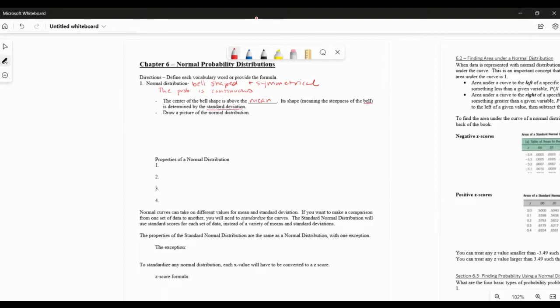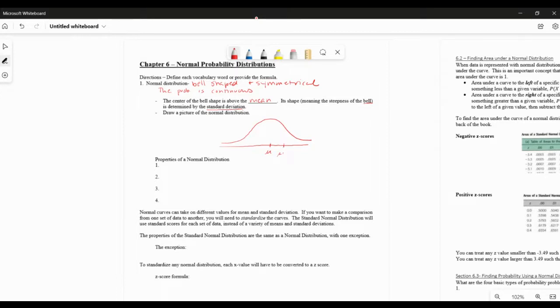Okay, so our normal distribution will look like this. All right, so the very top point of this bell-shaped curve is the mean. Okay, and then what we do is we basically add a standard deviation in each direction.